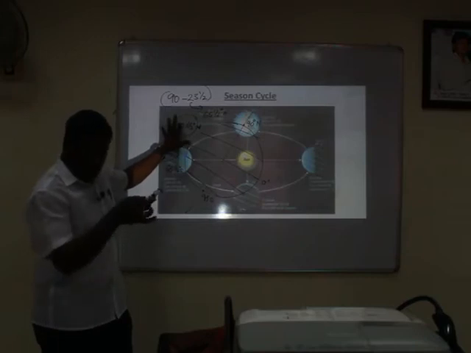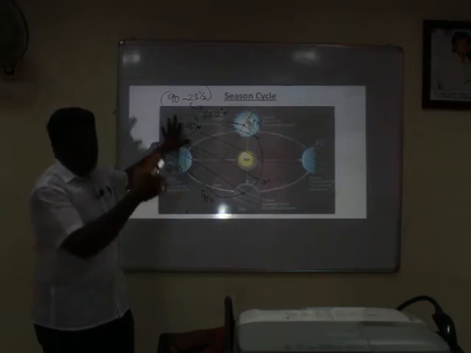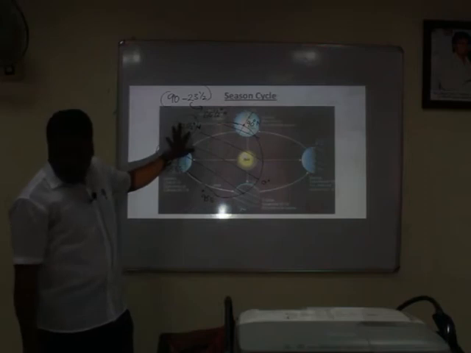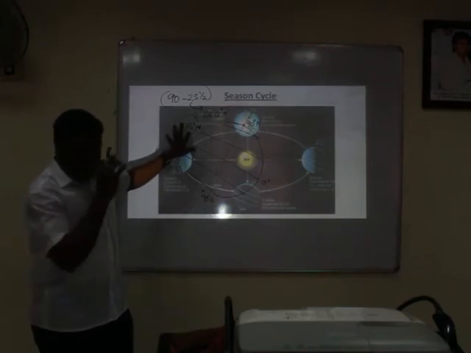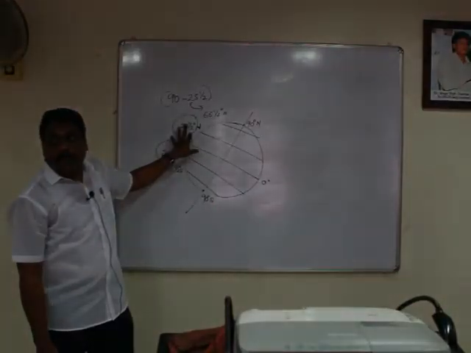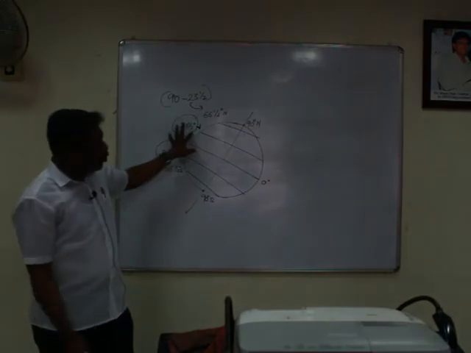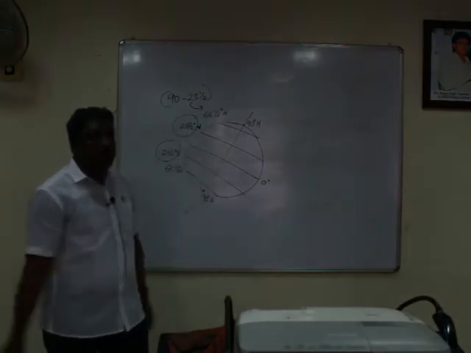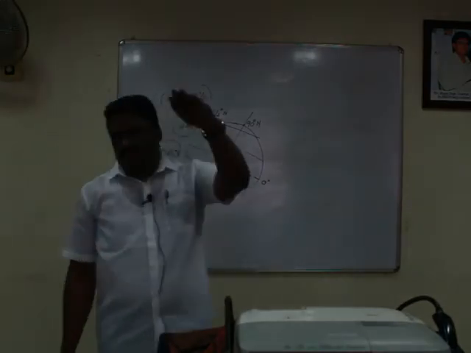Earth is now tilted by 23.5 degrees, so the Tropic of Cancer is 23.5 degrees north. If Earth would have been tilted by 30 degrees, what latitude would your Tropic of Cancer have been? It is 30 degrees north.